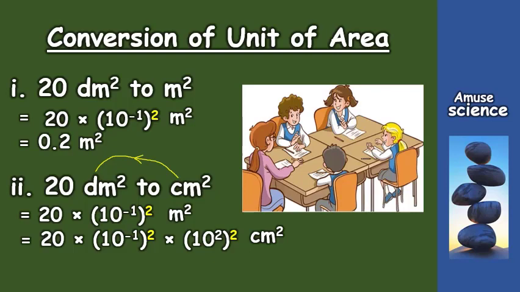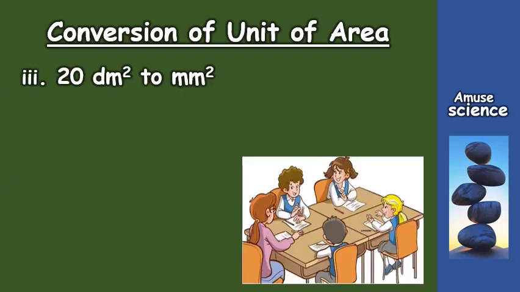Now let's apply indices here to get our final answer. We are going to get 2000 centimeters squared as our final answer if you do the indices. The third one is that we are supposed to convert 20 decimeters squared to millimeter squared.